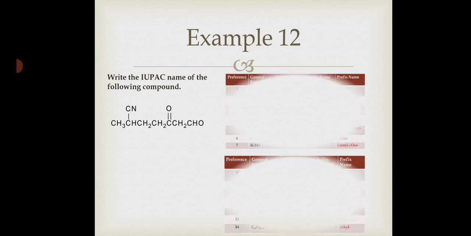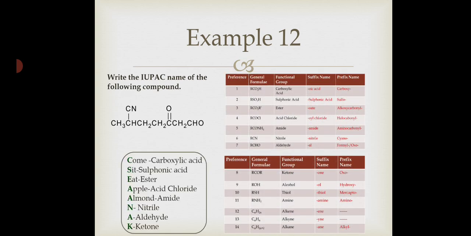Follow the priority table and trick. Who gets preference? Nitrile, right? And so the numbering of the compound goes like this. And the name of the compound is 2-methyl-5,7-dioxoheptanenitrile.